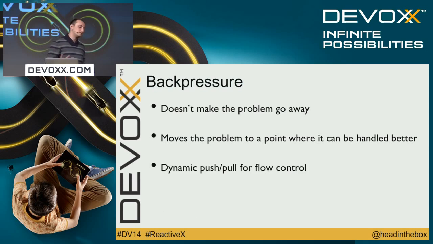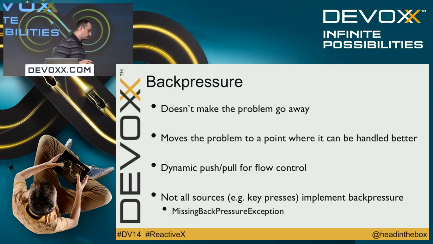What this also entails is that this mechanism gives us control over the flow of the stream of events. So we have this dynamic push and pull mechanism to still, in this asynchronous setting, request events and control the flow.